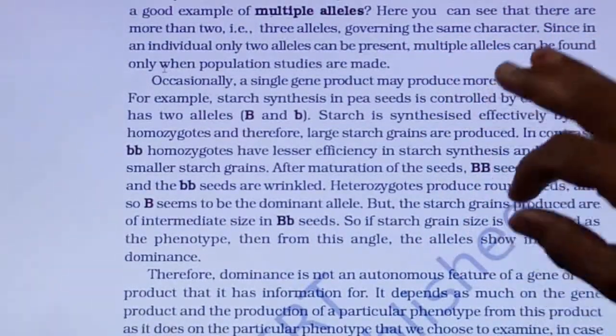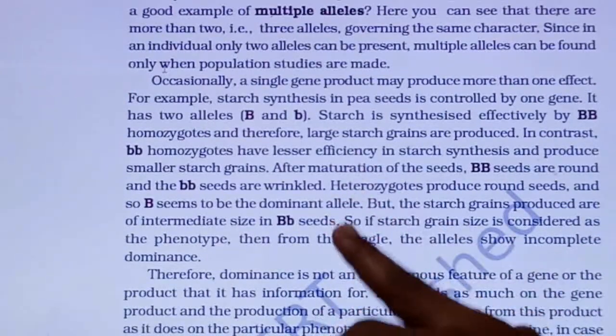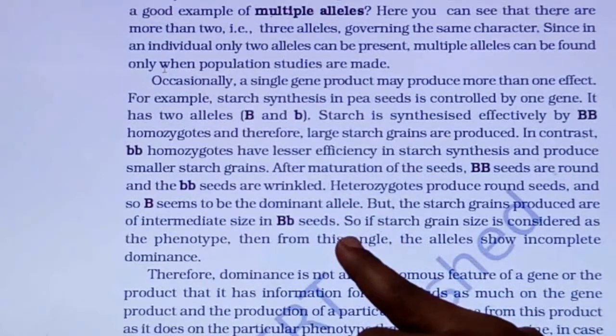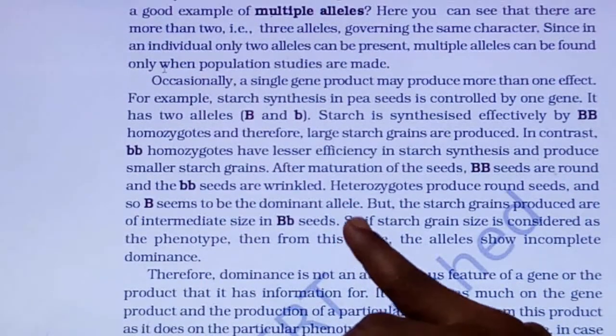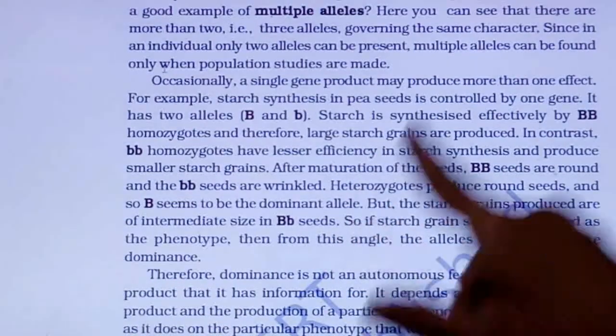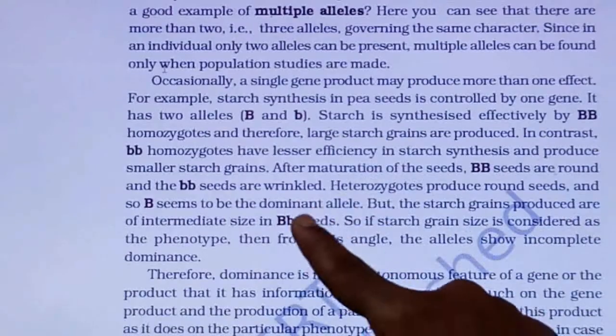This shows you why the phenotype is changed and is different in heterozygous, homozygous dominant and homozygous recessive. It means the phenotype is changed in capital B and small b.